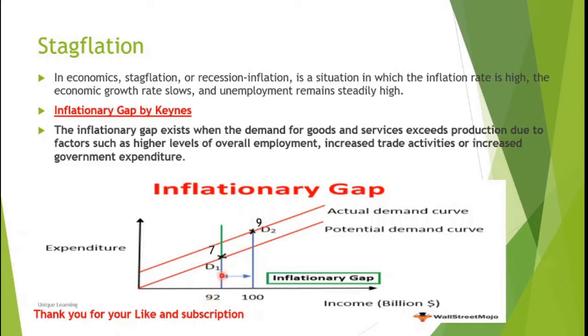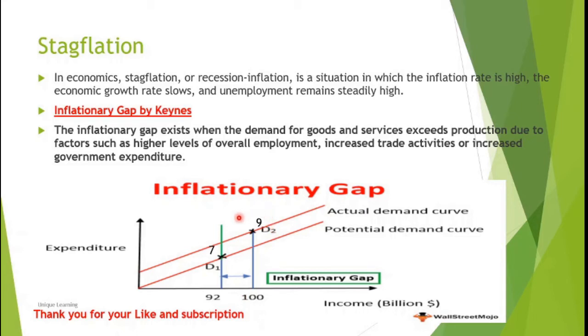Okay, so at 92 the demand for goods and services is 7, and at 100 the demand for goods and services is 9. So that 2 units of gap which was not expected, that gap is known as the inflationary gap. Repeating once again, at the income of 92 rupees, the demand for goods and services was 7 units, but due to these three activities, or any of them, the income of the consumer is now 100 rupees.